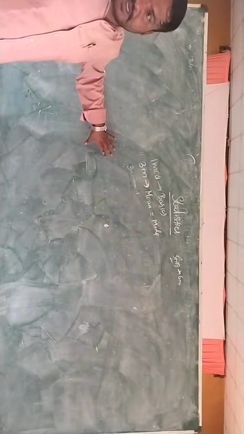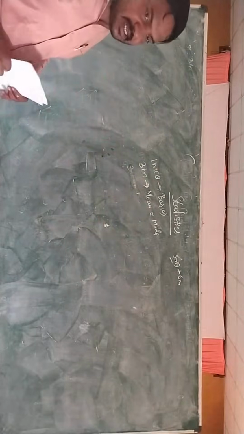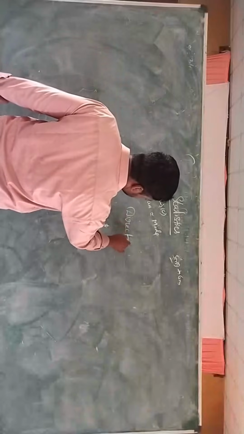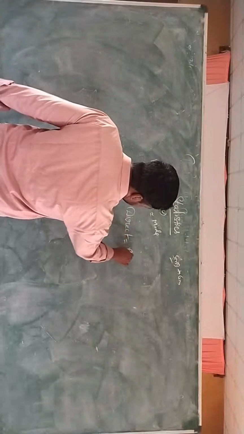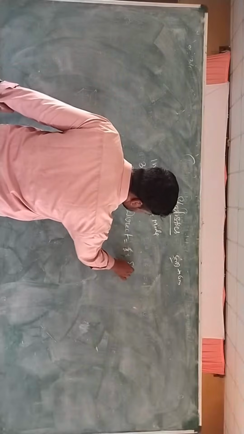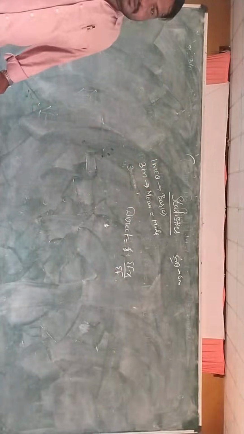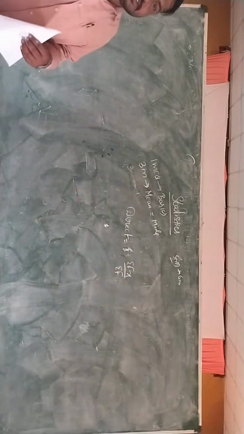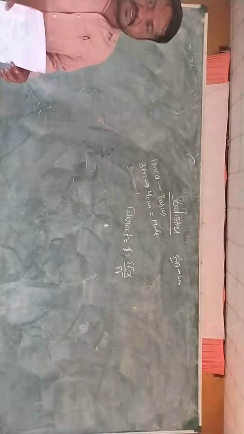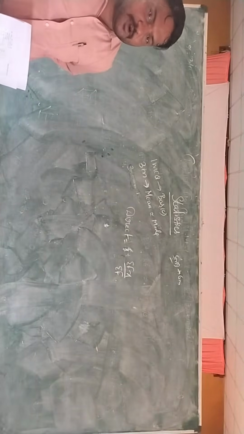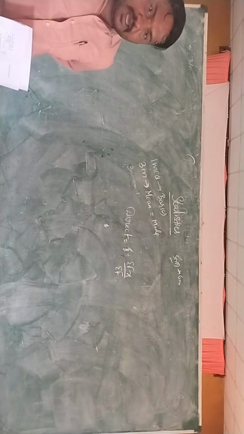But mean, median, mode, all three are very important. You can read this. For mean, 3 methods are there. We prefer the direct method. Direct method mean x bar is equal to summation of f x divided by summation of f. And mode is equal to L plus (f1 minus f0) divided by (2 times f1 minus f0 minus f2) into h.